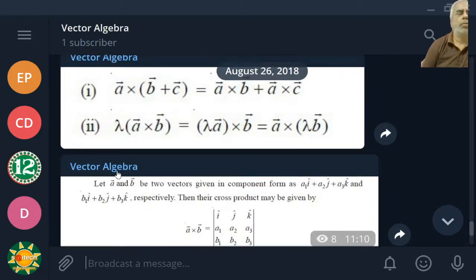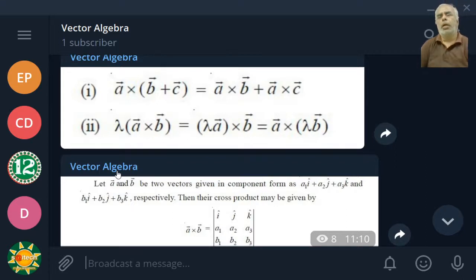So far we have discussed the products of vectors, scalar products, vector products, their observations, the properties exhibited by them, and the different conditions also. Then what do you mean by collinearity and parallel vectors? What are their conditions?